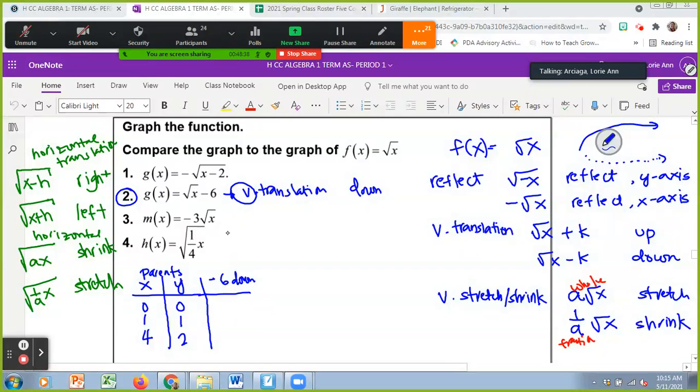It depends on whether it's vertical or horizontal. If your answer is vertical, then you're going to put it on the y. So that means you're going to subtract 6 from your y values.